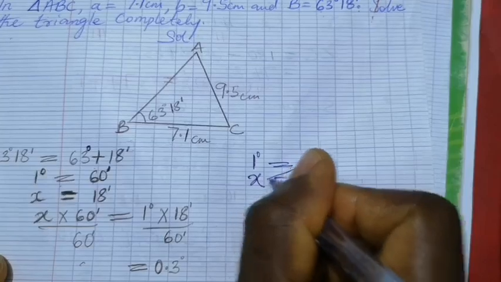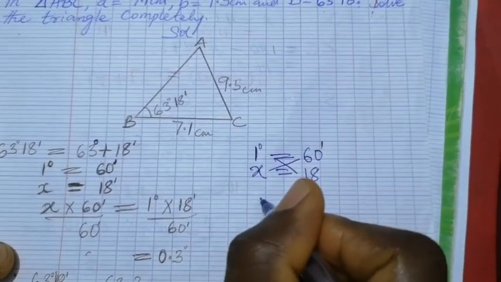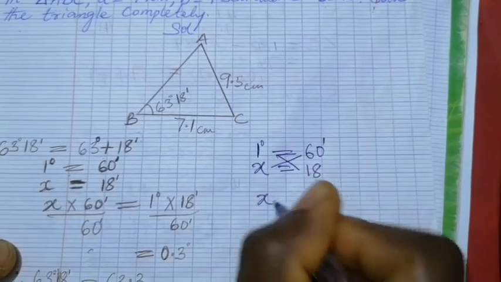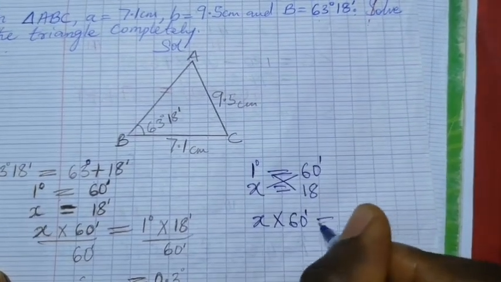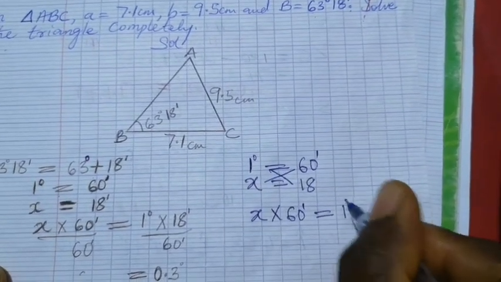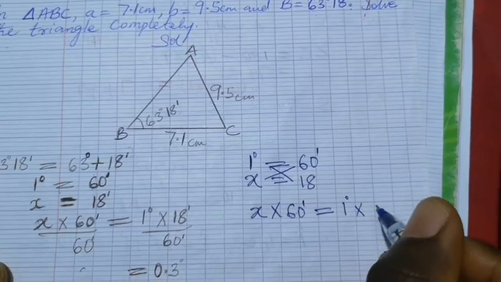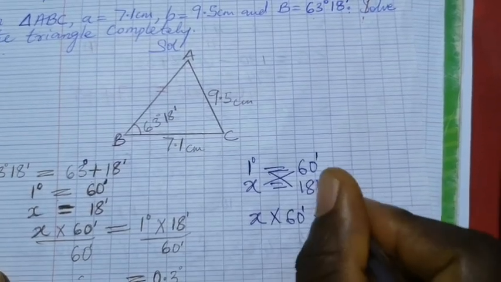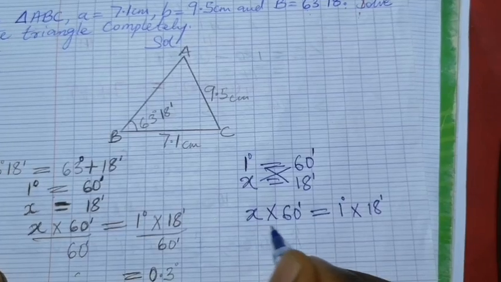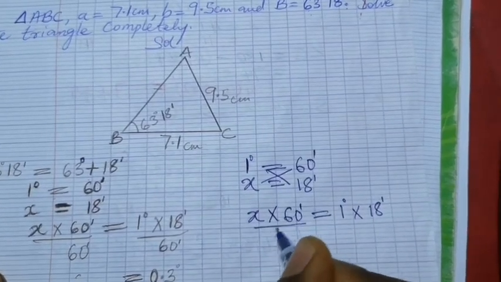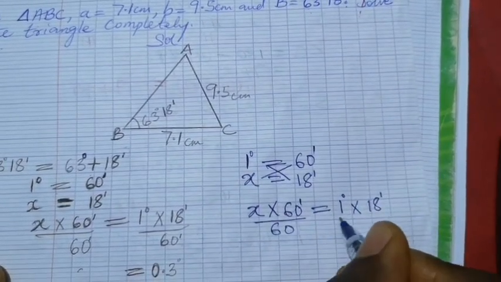We cross multiply so that x times 60 is the same as 1 degree times 18. Now for us to find the value of x alone, we have to divide both sides by 60.